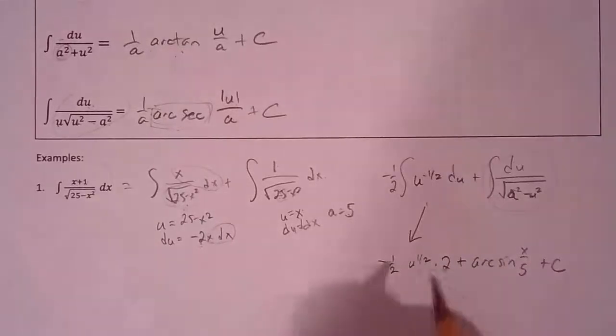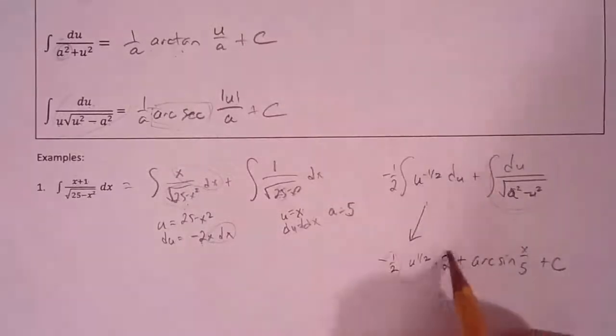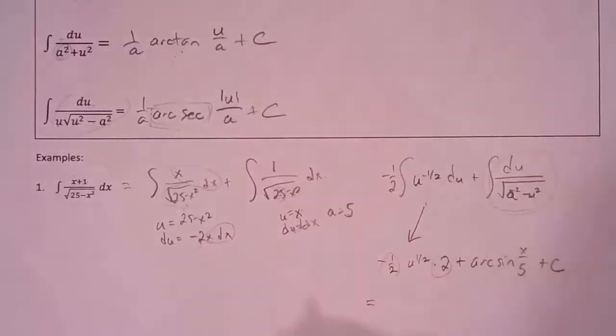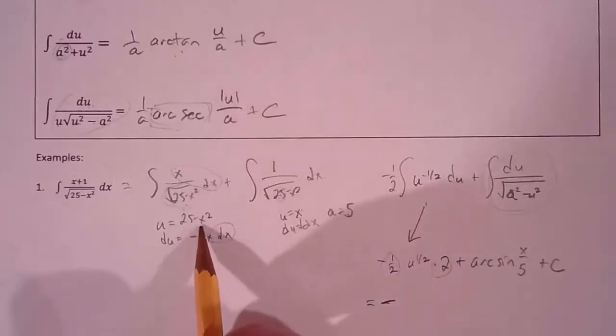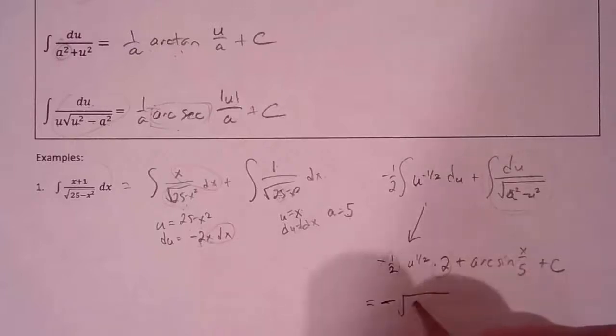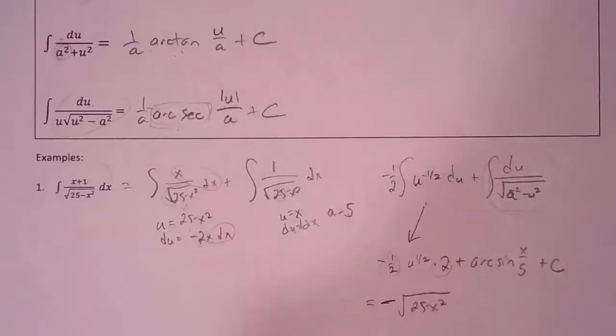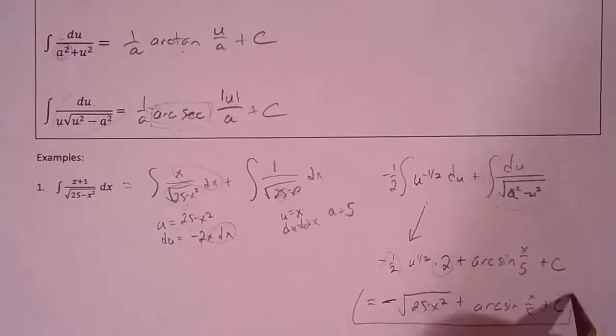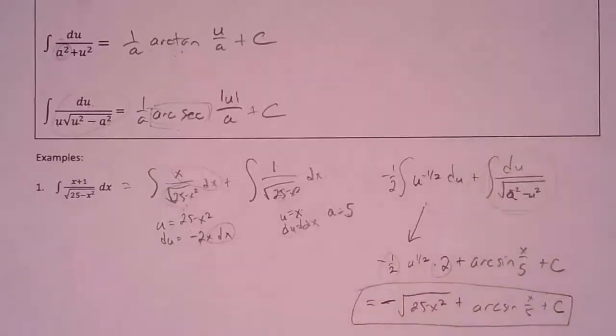And to tidy it up, this half and this 2 multiply together to give you just 1. U to the half is really 25 minus x squared to the half. Or instead of half power, I'm going to call it square root. And the rest of this just plays out, and you get your answer.